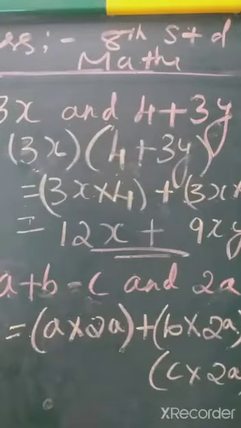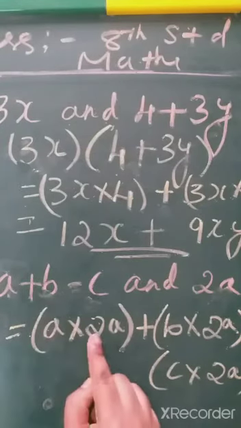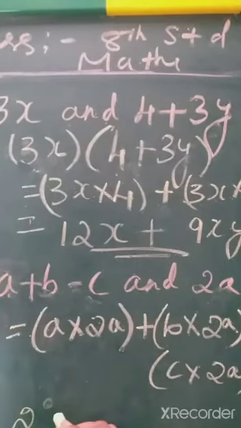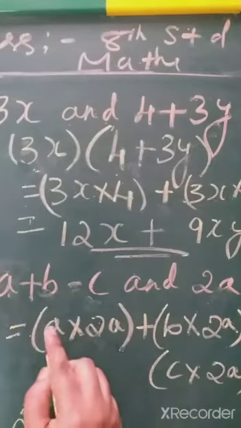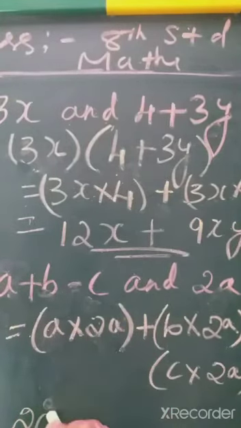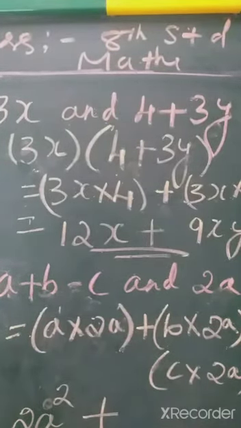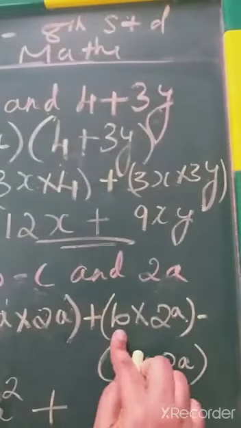Now removing bracket, a into 2a: no number means 1 is there, 1 twos are 2, a to the power 1, a to the power 1. Multiplication of exponents means just we have to add the powers. So 1 plus 1 is 2. Plus b into 2a.